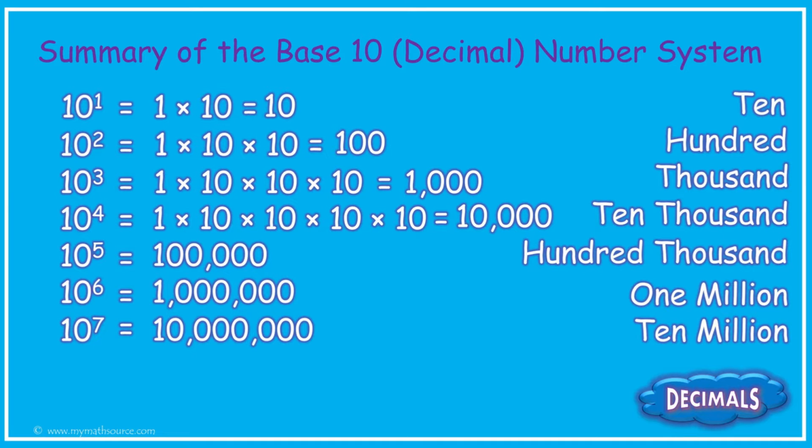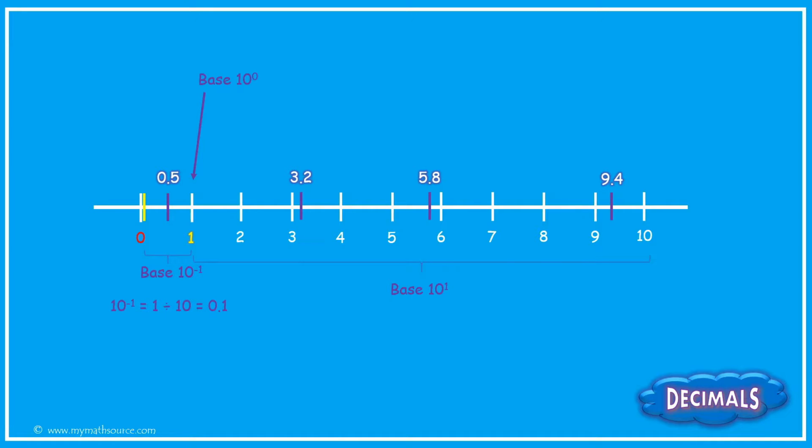So instead of multiplying by 10, we will be dividing by 10. So 10 to the power of negative 1 literally means 1 divided by 10. And the answer that we get is 0.1. And if you look closely, it actually looks like the number 10 written backwards. And there's a name that we call that, and it's a tenth with a TH. We'll look at that deeper in a moment.